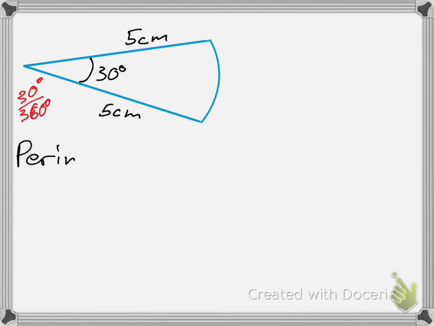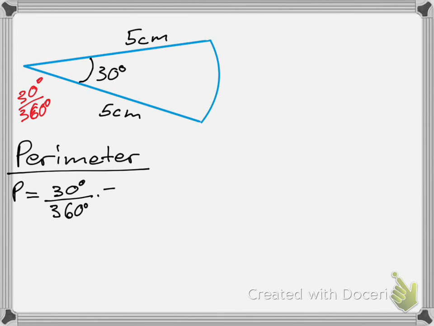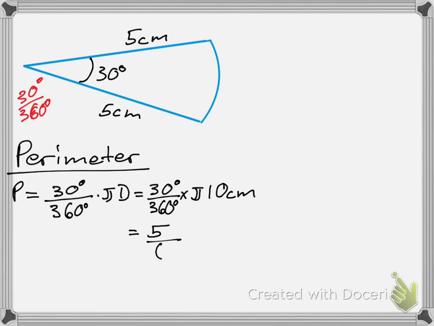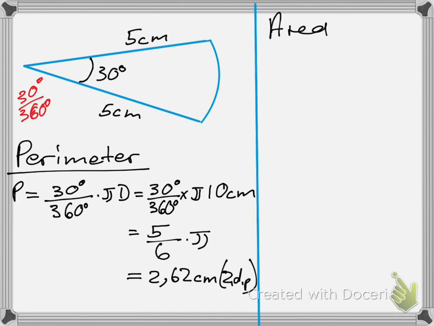Right? So if you are calculating perimeter, it's going to be the fraction, which is 30 degrees over 360, multiplied by the circumference of a full circle, which is pi d. Then you substitute the values in there, punch into your calculator, and correct it to 2 decimal places. It's going to be 2.62.